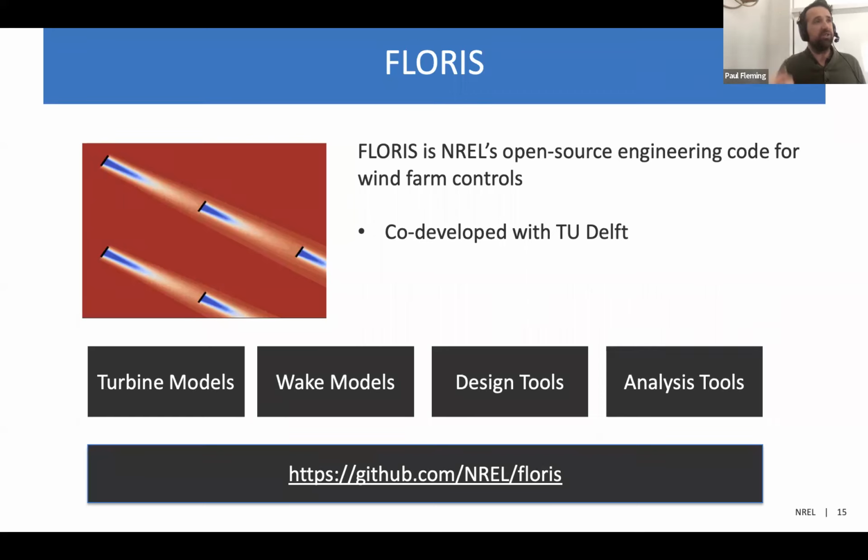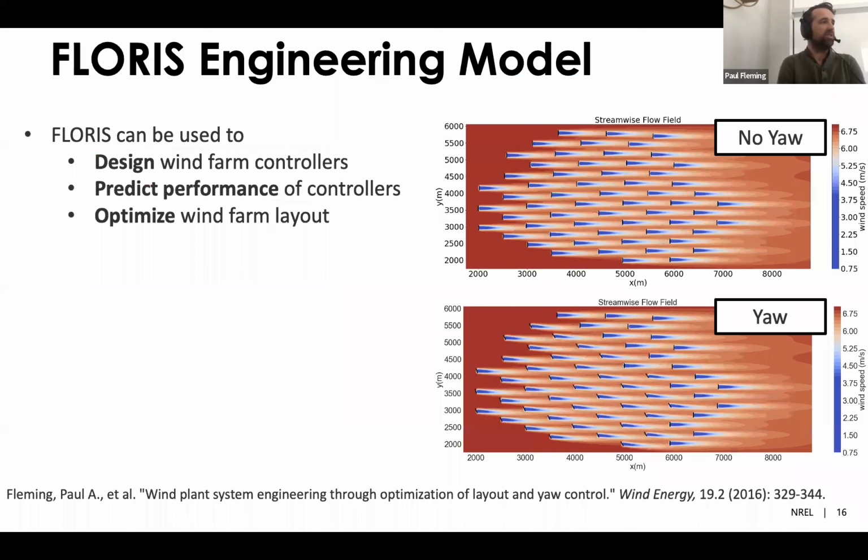So the idea with FLORIS was to build up models of wakes, but also wake steering, such that you could optimize a wake steering controller and analyze its likely impact on a farm in a fast, analytic framework. So building this model was a lot of the important work of 5 to 8 years ago, and we basically continue to iterate it. It's finding more and more use these days.